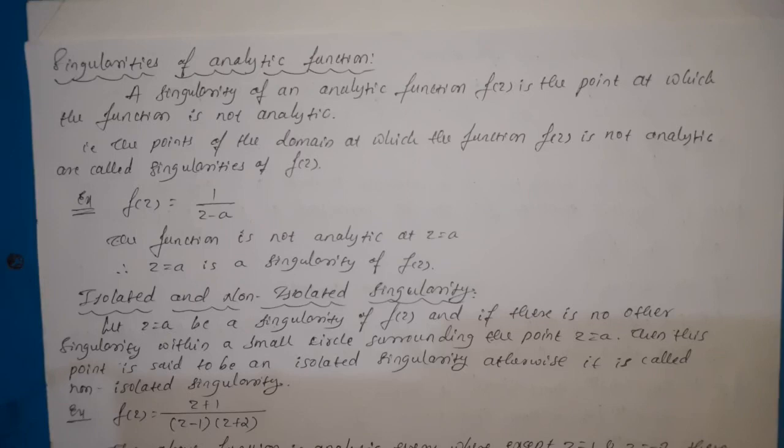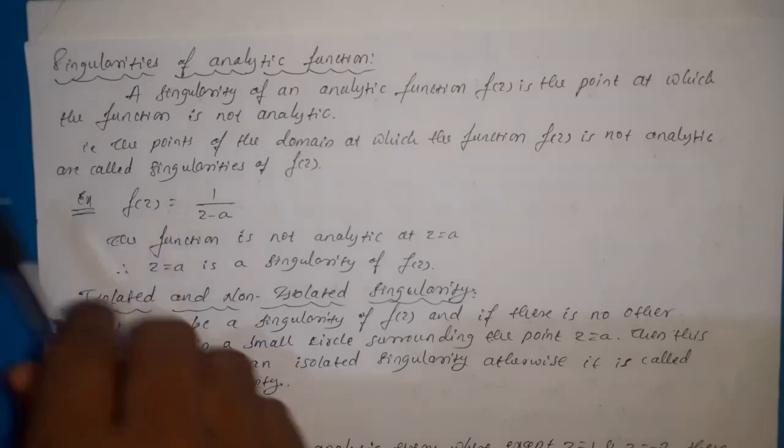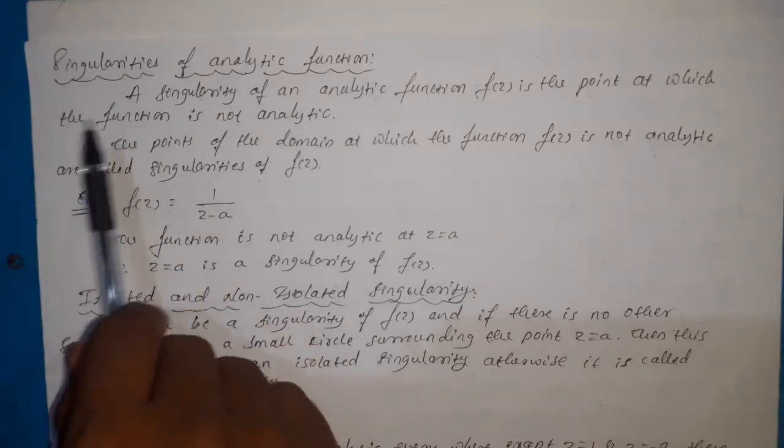So here, singularities of analytic function. Singularities are the points in the domain D at which the function is behaving in a different kind of way. So by the behavior of the function f of z, we are going to define singularities of analytic function. So let us start the definition.